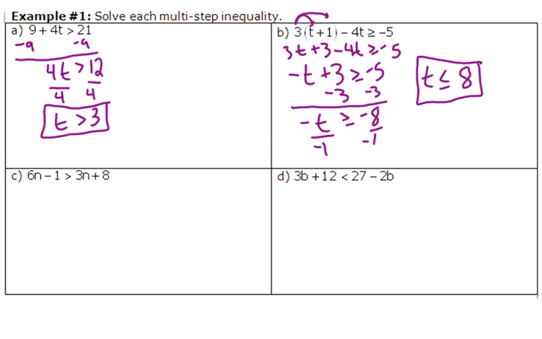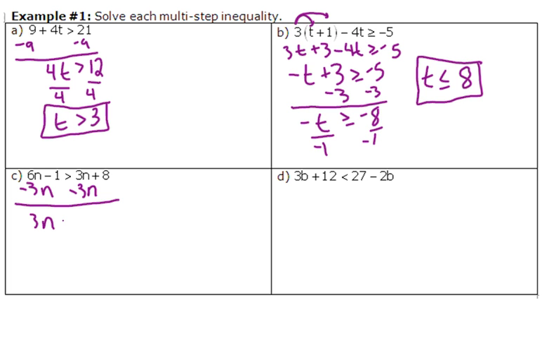So let's look at example C. Here, I don't have any parentheses. I can't combine like terms, but I do have variables on both sides of the inequality symbol. Just like with solving equations, I need to move them all to one side. I'm going to move the 3n, and since I'm moving it to the other side of the inequality symbol, I do opposite operations. So since it was a positive 3n, I'm going to subtract 3n. 6n minus 3n is 3n.